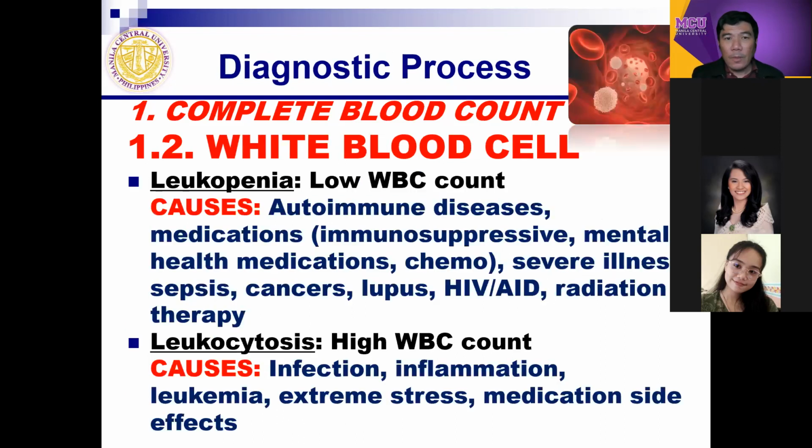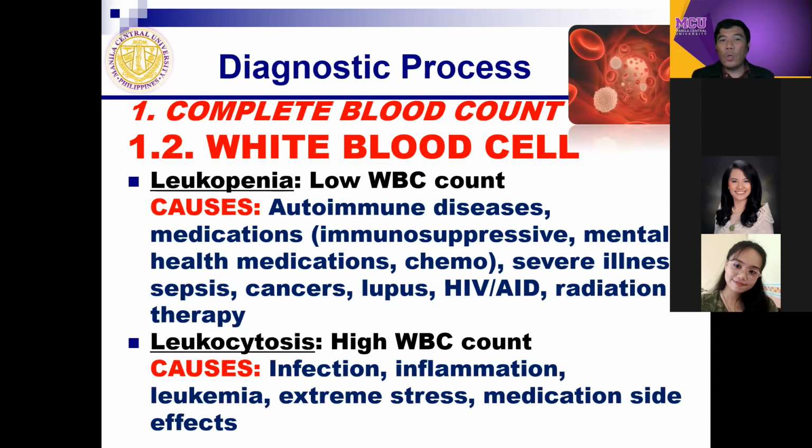Now, let us now identify yung interpretation if the patient may have leukopenia and if the patient may have leukocytosis. So, usually po, pag ang patient po or any individual po that you may encounter po ay decrease ang WBC count, okay, so it's less than 4 million.